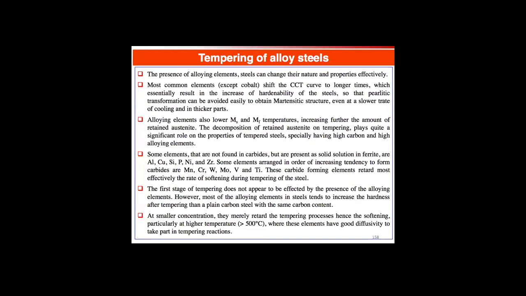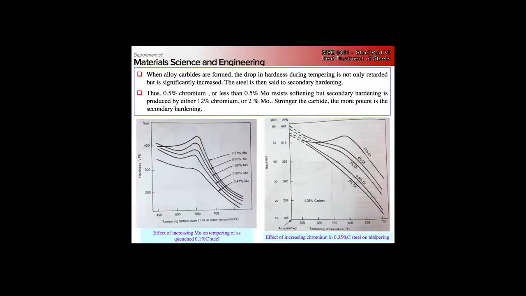Others are good carbide formers and are going to tend to partition to the cementite or the carbides during the tempering, right? And so with the presence of carbide formers, we see a very significant amount of secondary hardening that goes on because of forming these fine dispersions of the carbides, right?